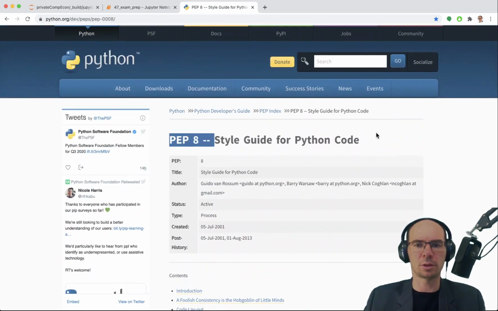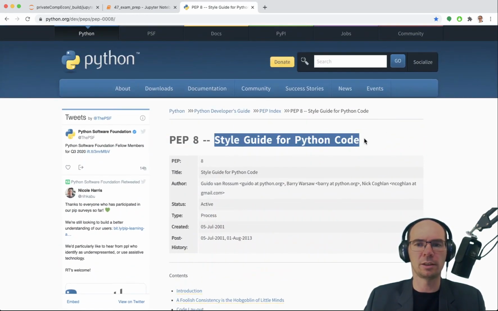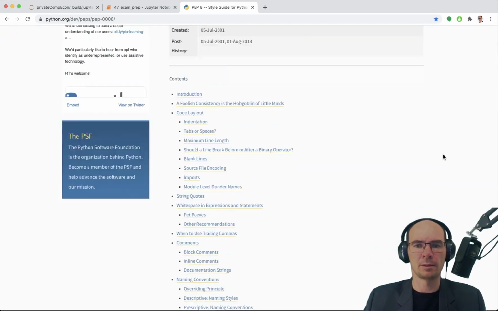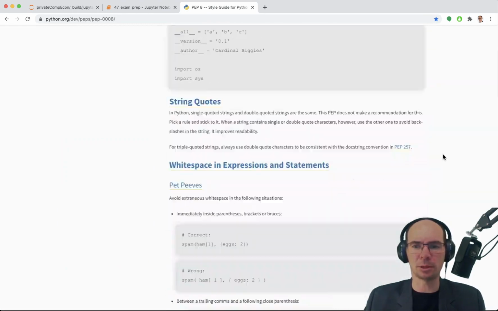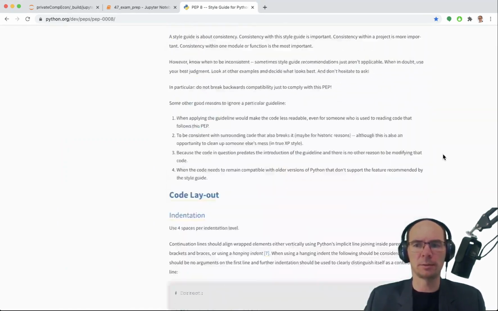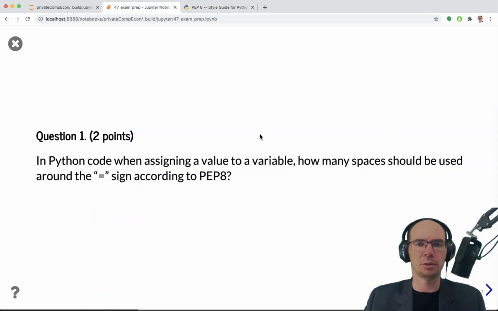PEP8 is, of course, a style guide for Python code. It's going to take me some time to find what I need here. And therefore, this is the type of question that you should know or maybe skip to save time. The right answer is one space on each side of the equal sign, if I remember correctly.